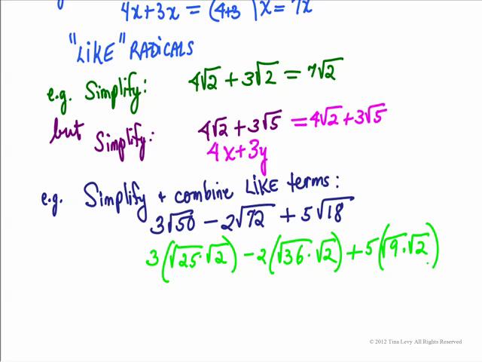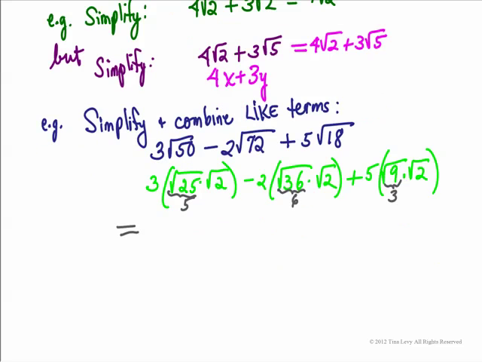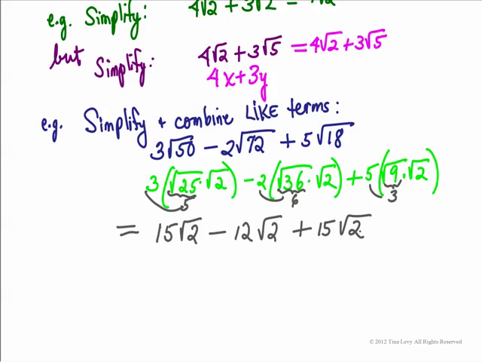I did this without prime factors because these are very recognizable. The square root of 25 we know is just a 5. The square root of 36 is just a 6. The square root of 9 is just a 3. So this becomes 3 times 5, the 5 being outside the radical, so it's 15 radical 2 minus 2 times 6, 12 radical 2 plus 5 times 3, 15 radical 2.